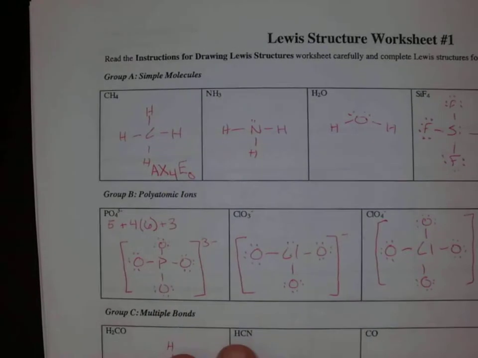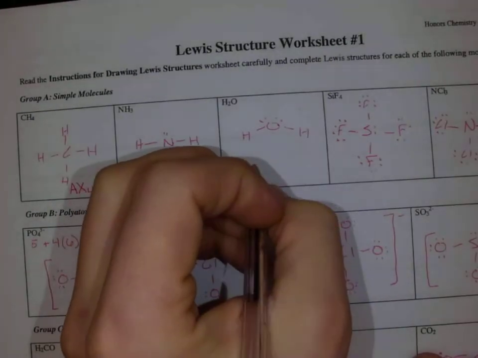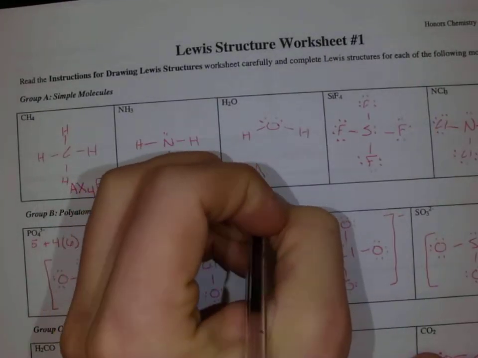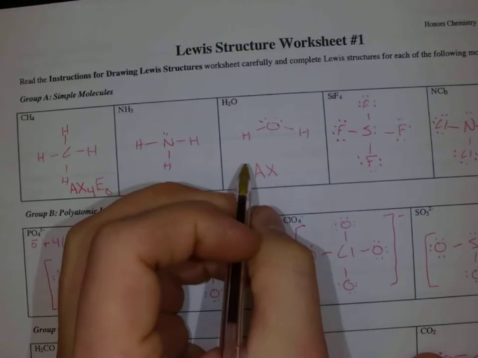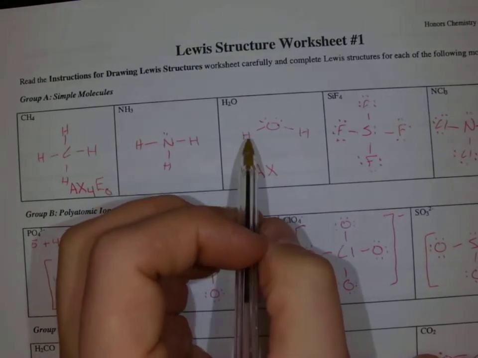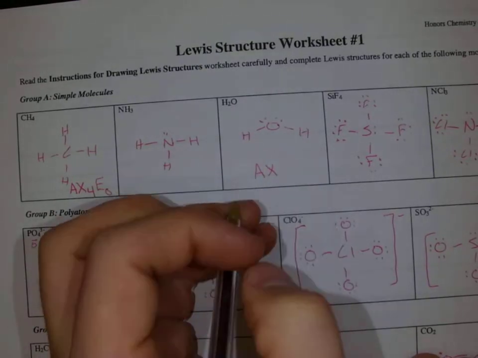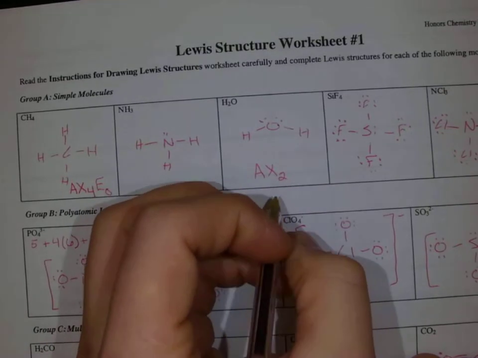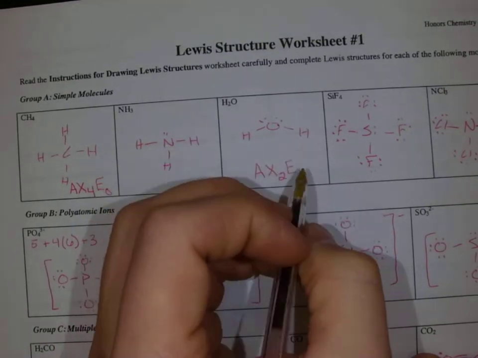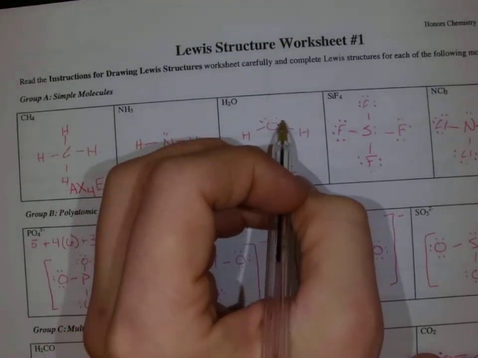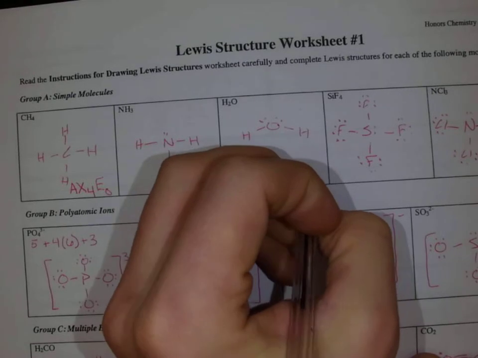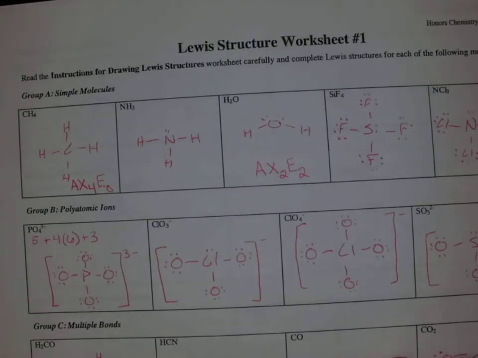Okay? If I look now at H2O, oxygen is my central atom. X, how many bonds, how many atoms I have? 1, 2. I have 2 atoms attached. And then E is the number of lone pairs. I have 2 pairs of electrons. That's going to be AX2E2.